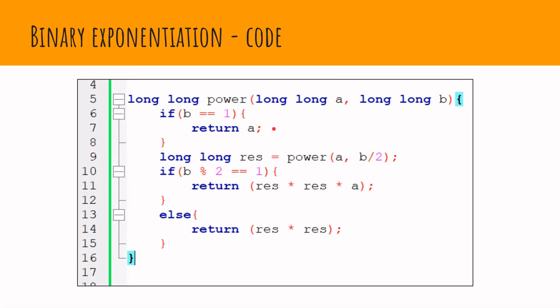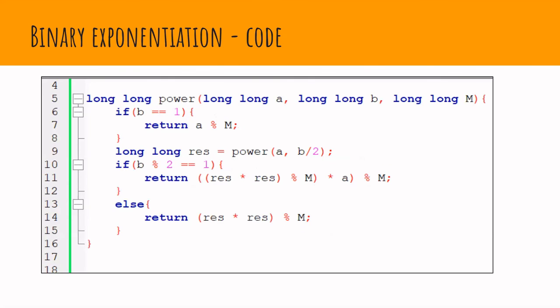Now we are going to modify this code such that this time we are going to use the modular operation. As I have mentioned, a and b are very large.